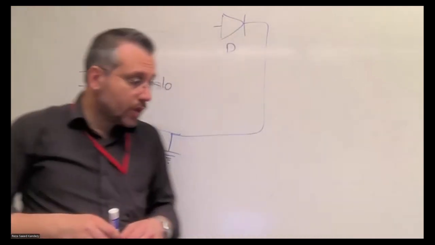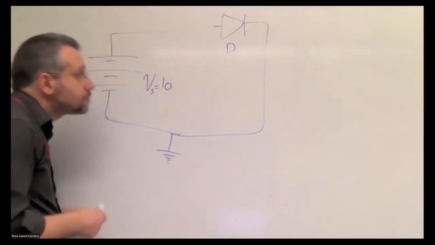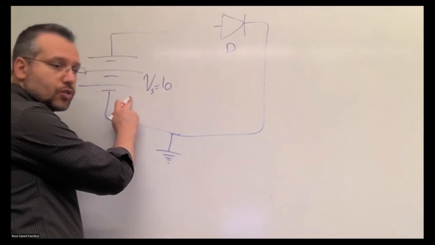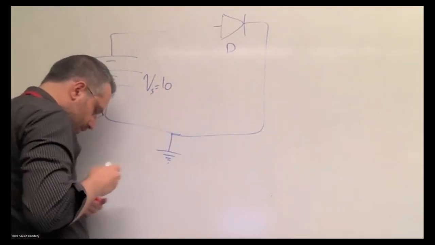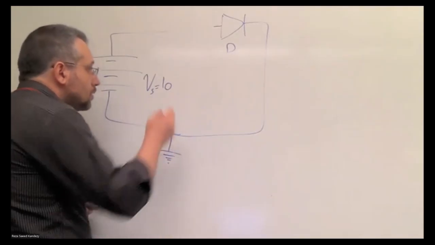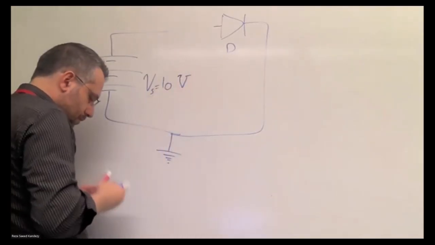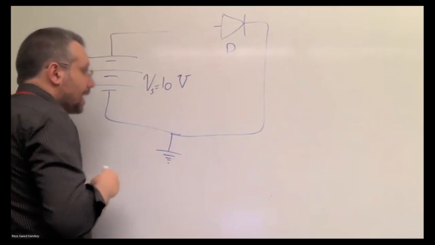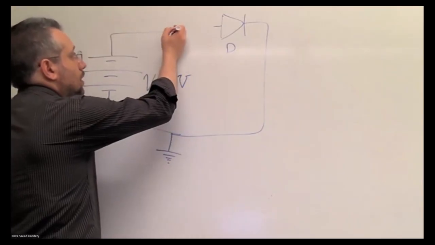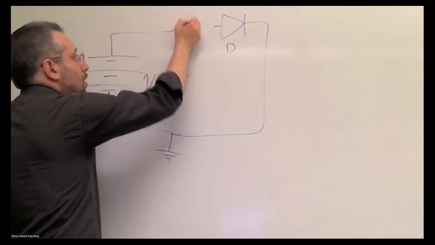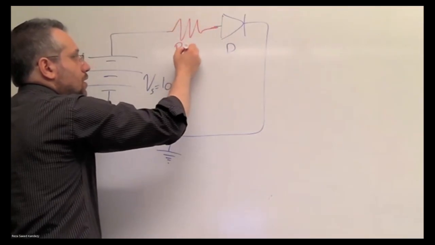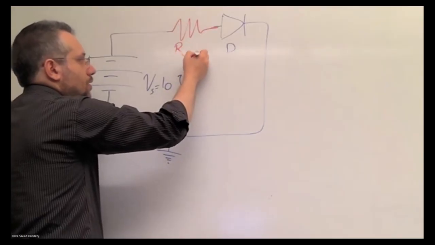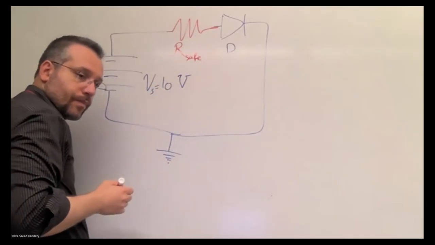Now, you can see the circuit here: we have a voltage source, in our example 10 volt. We have a diode, and as we said, we want to limit the current going through the diode using a resistor, which we call our safe resistor.